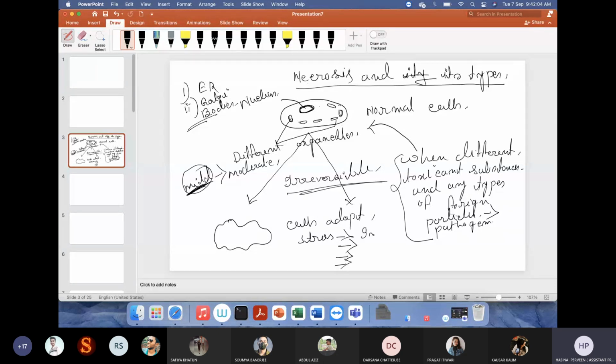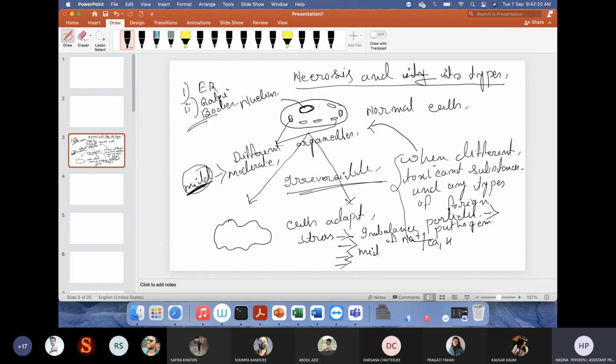Suppose imbalance of sodium, calcium or potassium, and mitochondrial damage.